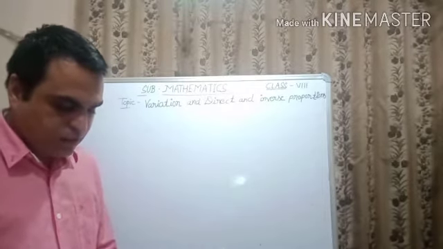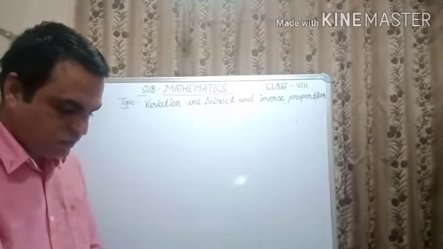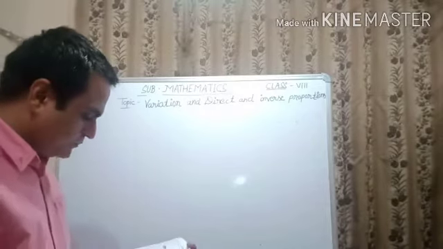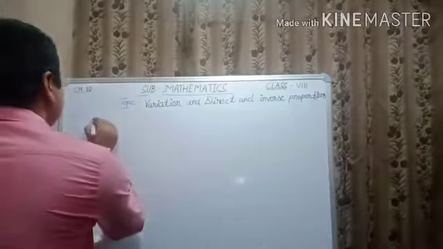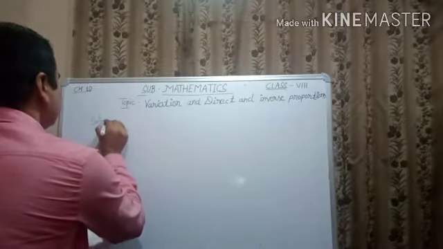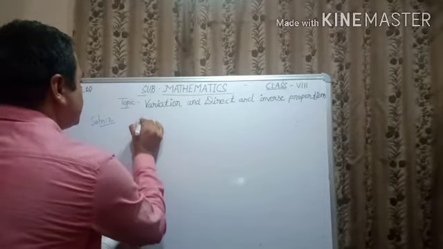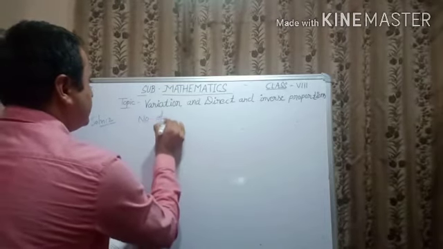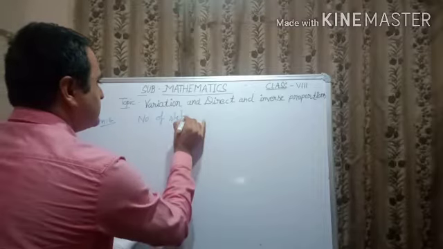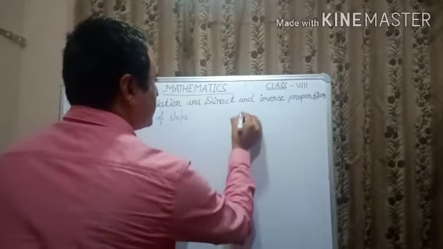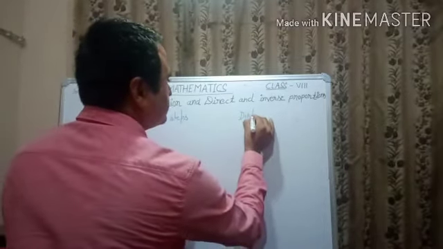What distance would he cover in 360 steps? Question number 2. Here only two values are given, number of steps and distance in meters.